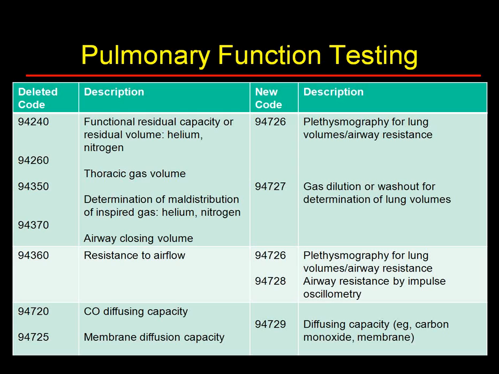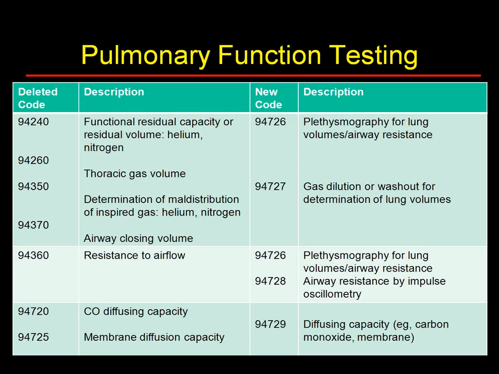You'll notice in the lighter green box that the 94726 plethysmography code now includes the airway resistance measurement formerly reported with 94360. So that valuation, if you will, is now part and parcel of body plethysmography.